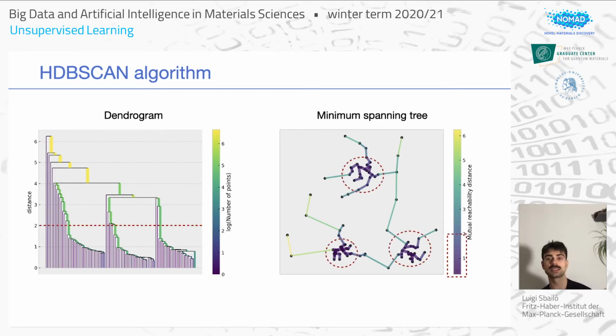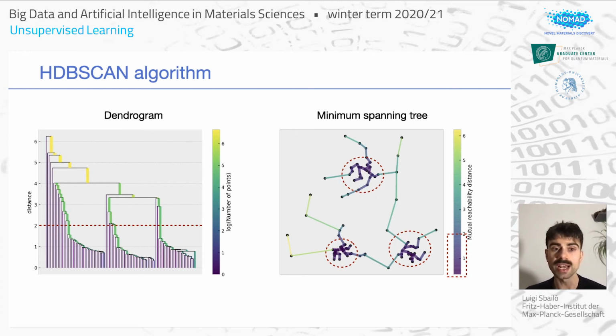So now we can see a more specific example that could facilitate understanding what is happening. Let's say now that we select a distance equal to 2. We can see on the color bar in the minimum spanning tree that all edges that have a distance smaller or equal to 2 have color purple or dark blue.